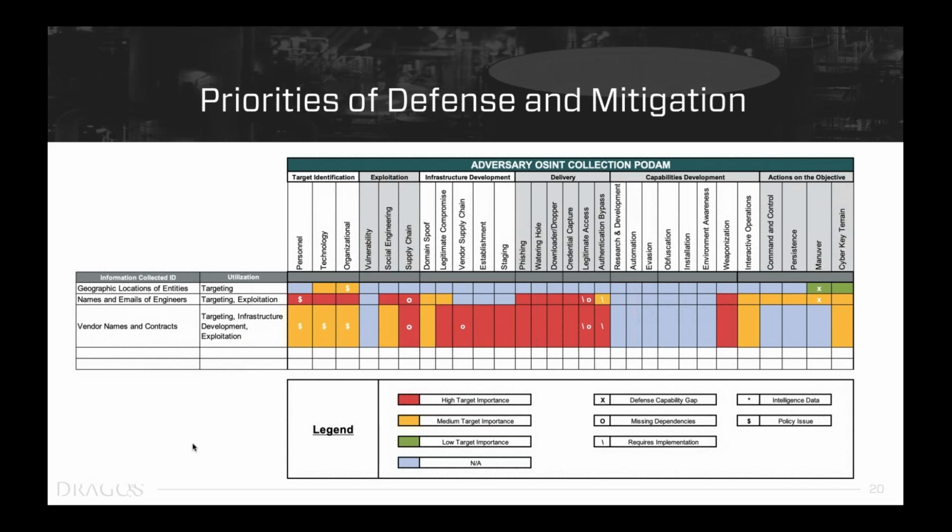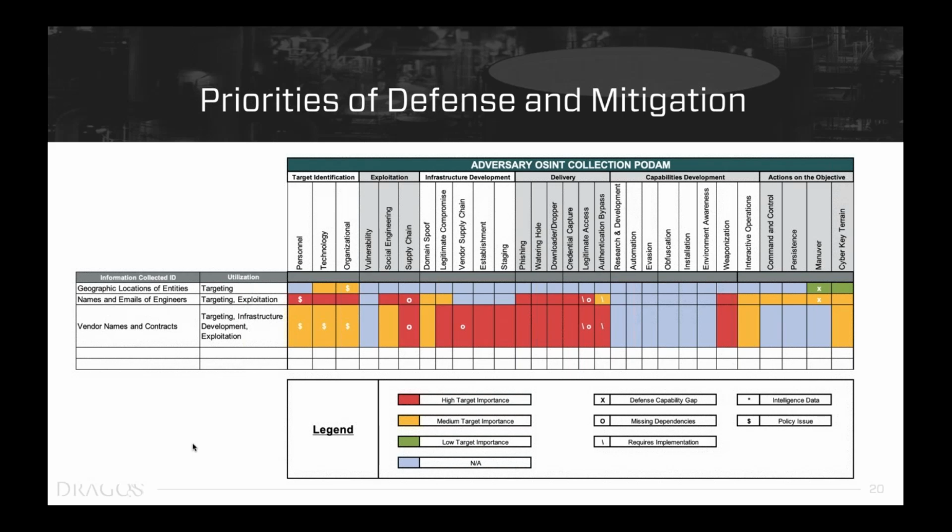For example, in target identification, OSINT information can allow them to target certain personnel, identify certain technology, or even look for organizational targets that either have a specific type of information that an adversary wants access to, or are responsible for a certain region or geographic location.